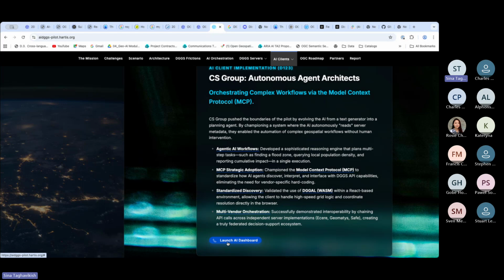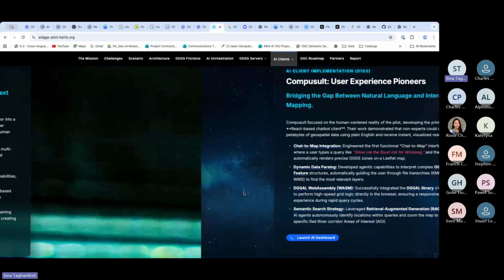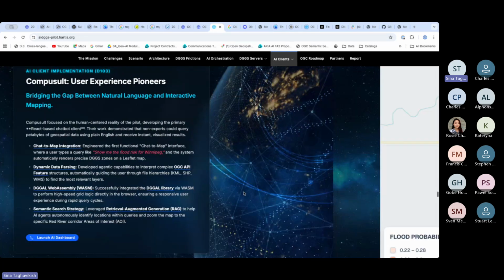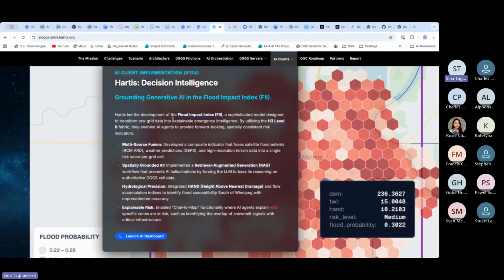CS Group is the one that used the most data, trying to use as many different datasets as possible, so different grids. The most advanced one is Heartist.